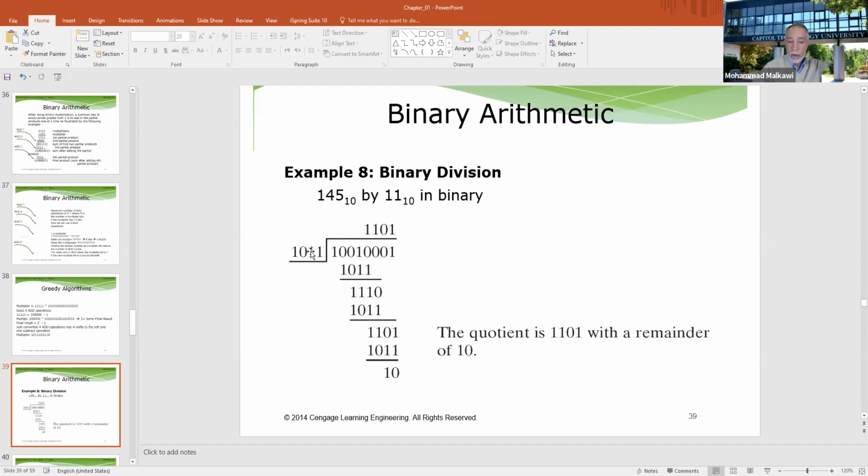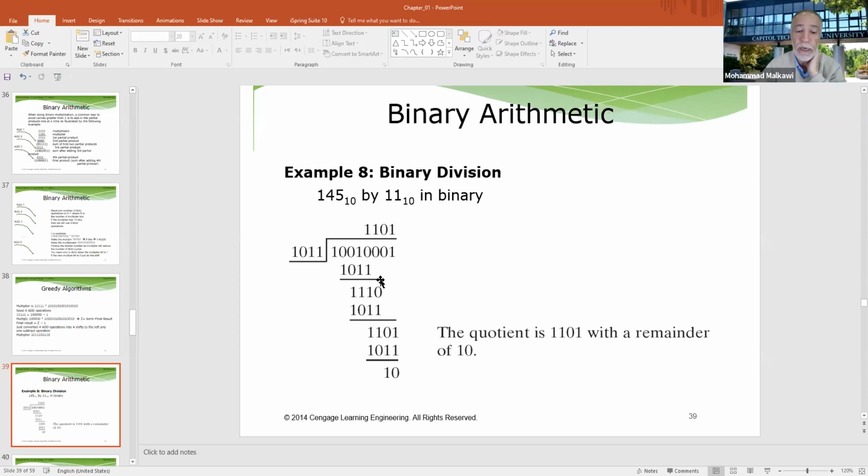You multiply this by 1011, make the subtract operation, you get 1111, and you bring down the next 0. Now this number is larger, I'm sorry, this is 2, 4, 8 plus 6, this is 14, and this is 13.